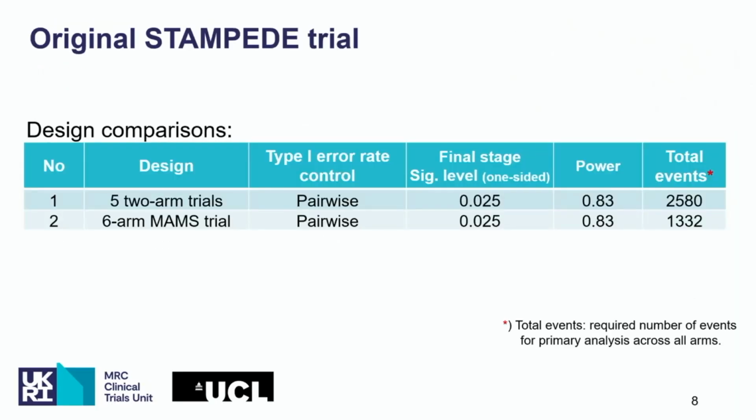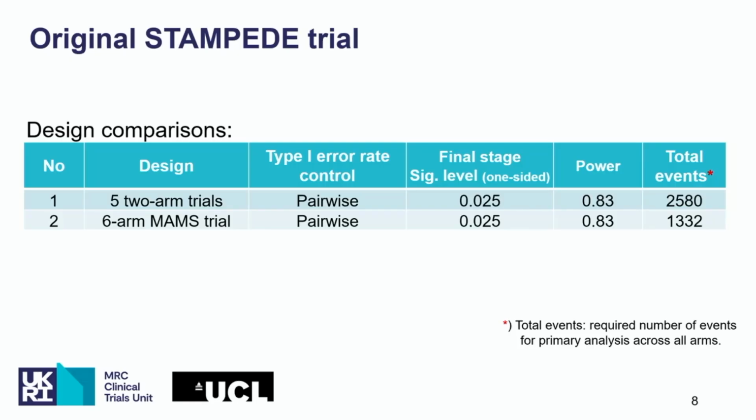If you want to have some comparisons based on the pairwise error rate control within the MAMS framework and compare it with 5 two-arm trials, we can see the sample size. In both of these, we are targeting a pairwise error rate of 2.5%. So the significance level for the primary analysis is 2.5% one-sided.